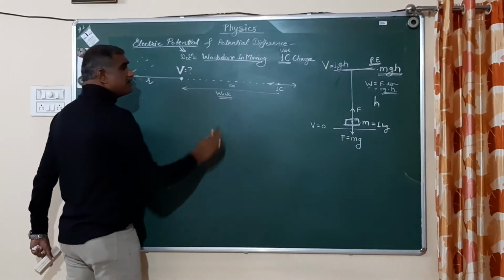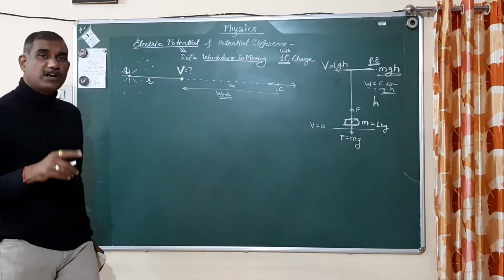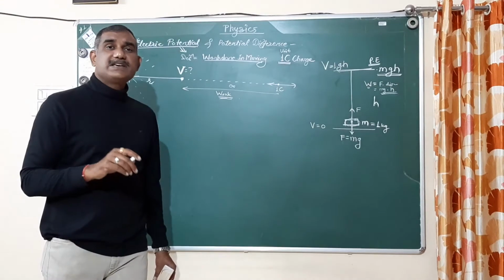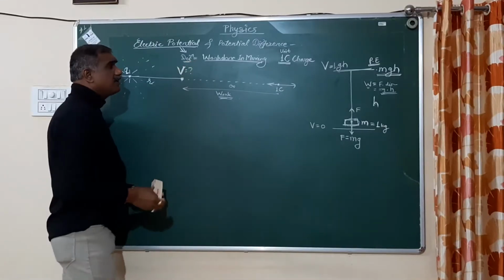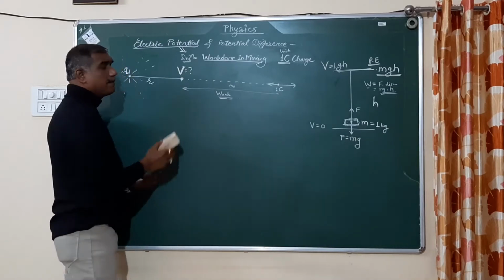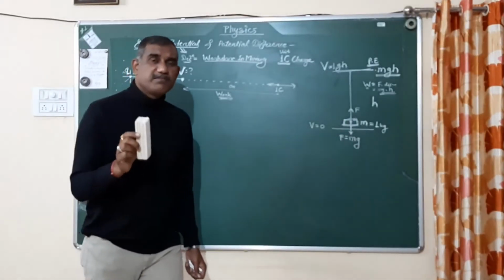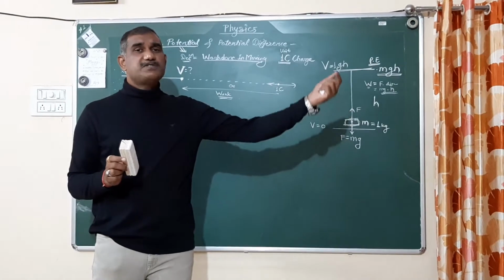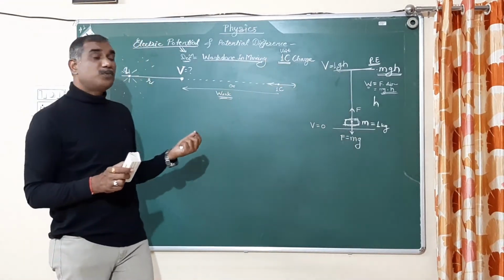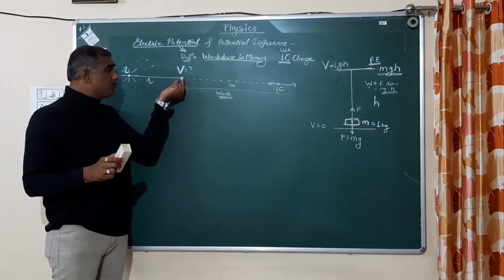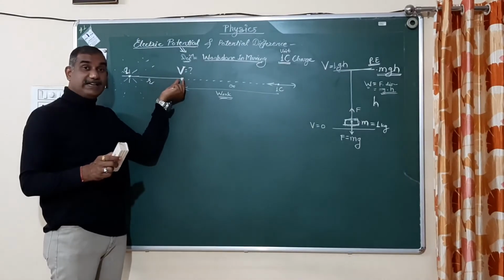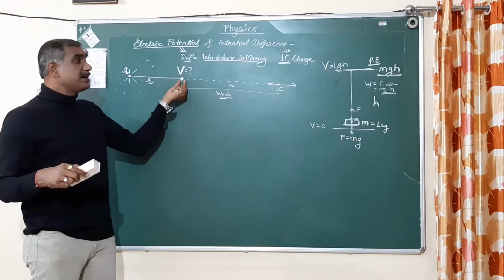That work will be stored, and that stored work for unit charge is called an electric potential. You must remember this definition: electric potential is the amount of work done in moving unit positive charge from infinite position to the position where you want to find out the electric potential. We have to find out the potential at this point.